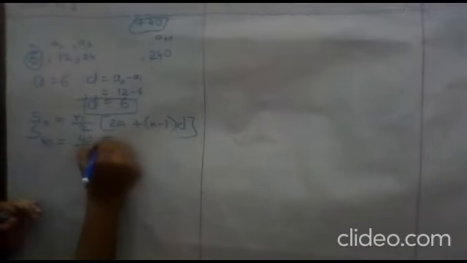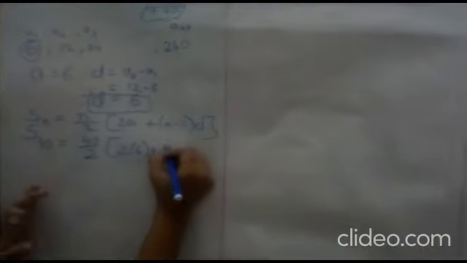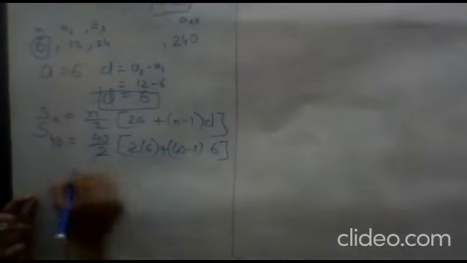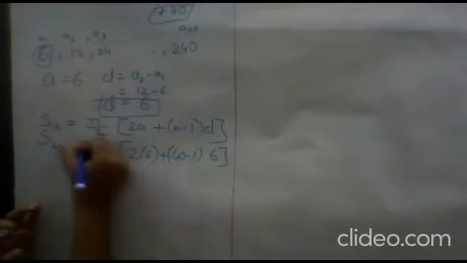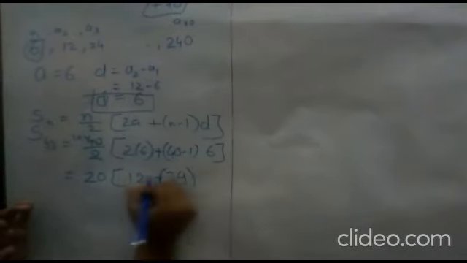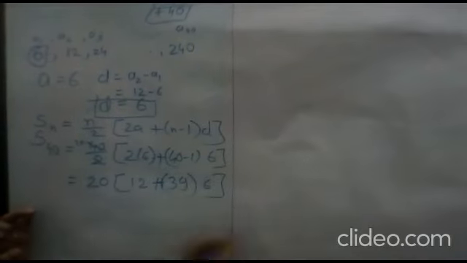40 by 2, into 2 times a. What is our a? 6. Then what is our n? 40 minus 1. And what is our d? 6. So 40 divided by 2 is 20. 2 sixes are 12, plus 40 minus 1 is 39, into 6.